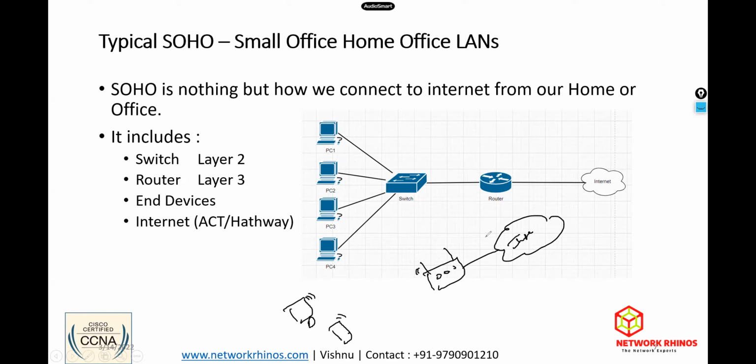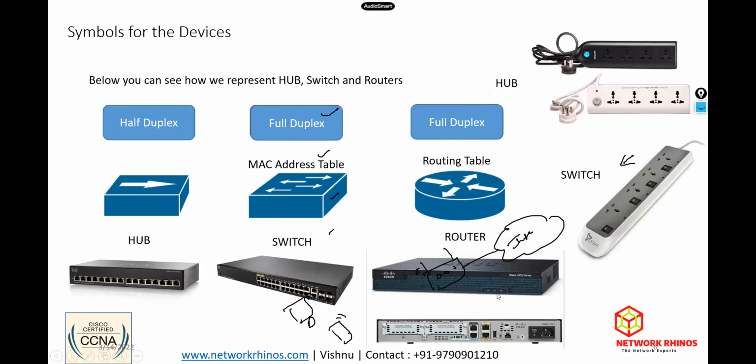So what if I have 5 physical computers and I want to connect them to the internet? Do I have 5 ports in the router? No, I don't. I just have 2 usable ports in yellow color. So I have to use a switch.